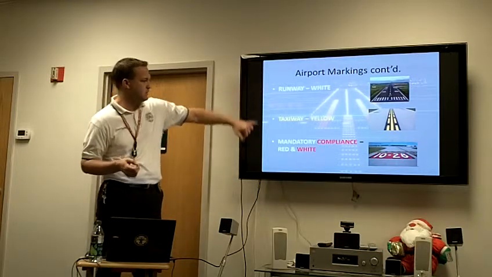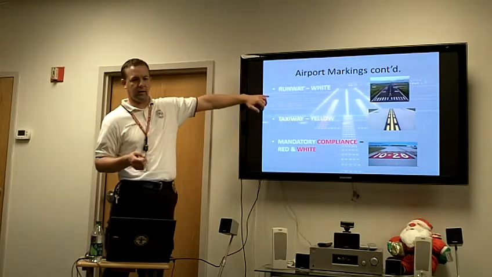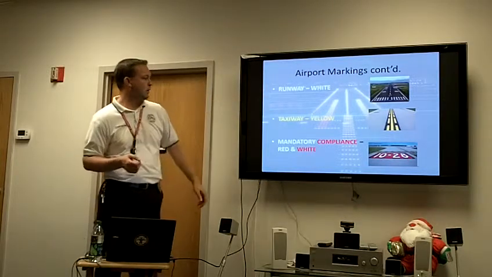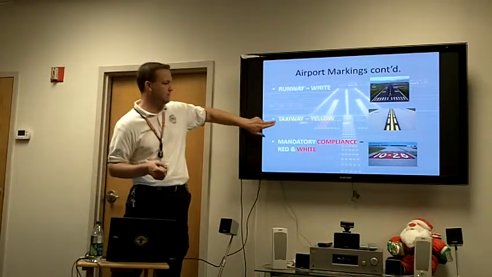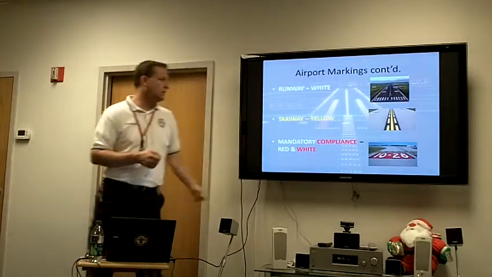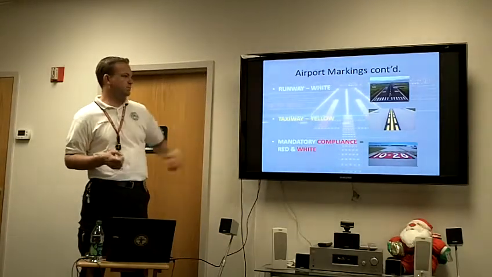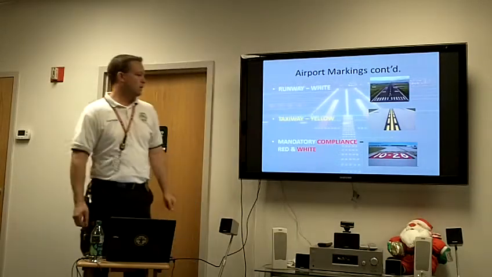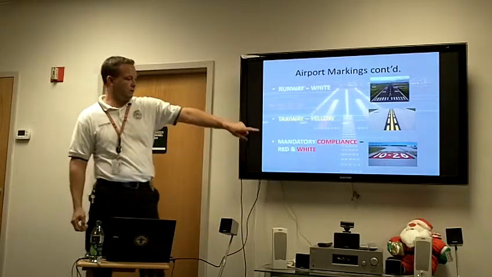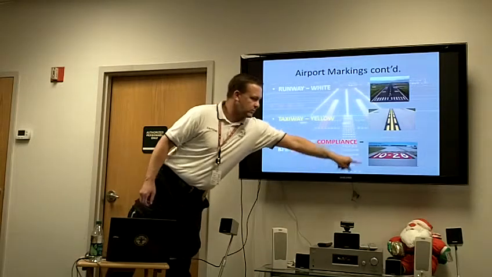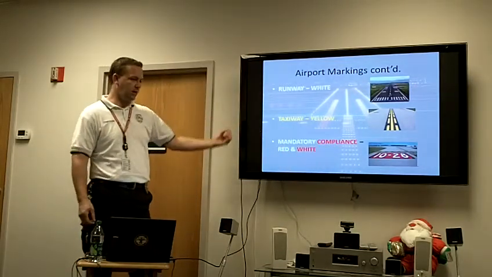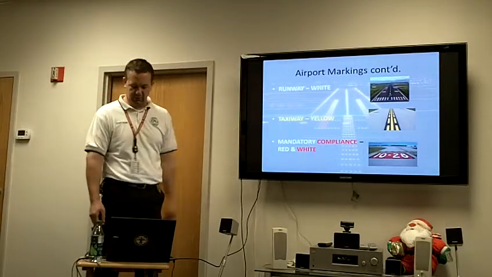A little bit more, as you can see, the runway again, runway lights and markings are all white. Taxiway markings on the ground, as you can see there again, are yellow, as well as the outside edge line there as well. The red and white on the ground, as we talked about, the threshold markings, mandatory compliance. You must follow what those signs and markings give you.